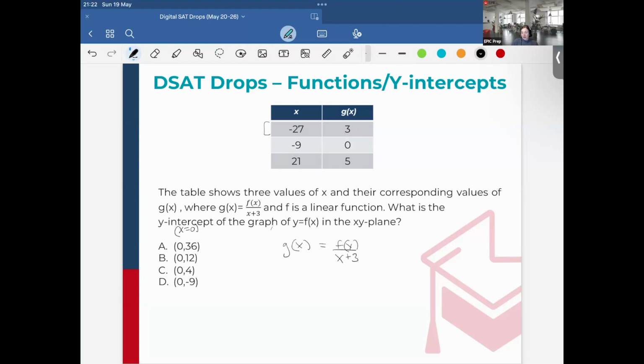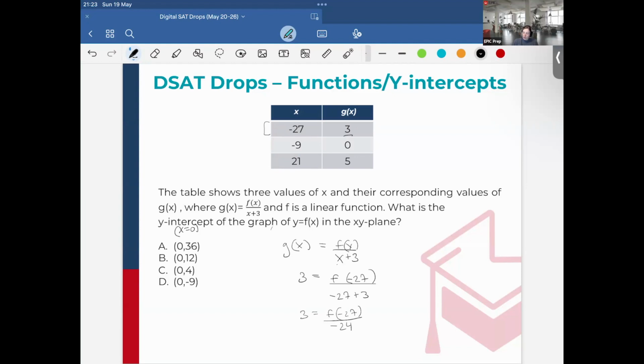My g of x is going to be the 3, so I'll plug that in. Then my x value is -27, and I'm going to put all of that over -27 plus 3. And then that will simplify to, well, let's put all the steps: 3 equals f of -27 over -24.